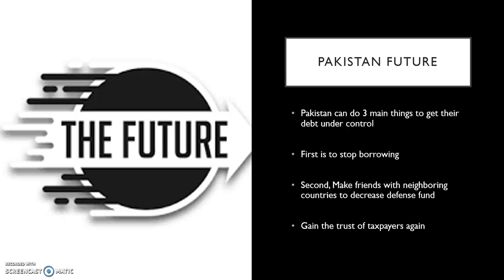So, what does the future hold for Pakistan? Well, if Pakistan did 3 short things, they'd be able to get their debt under control. So, the first thing that they need to do is stop going into debt.